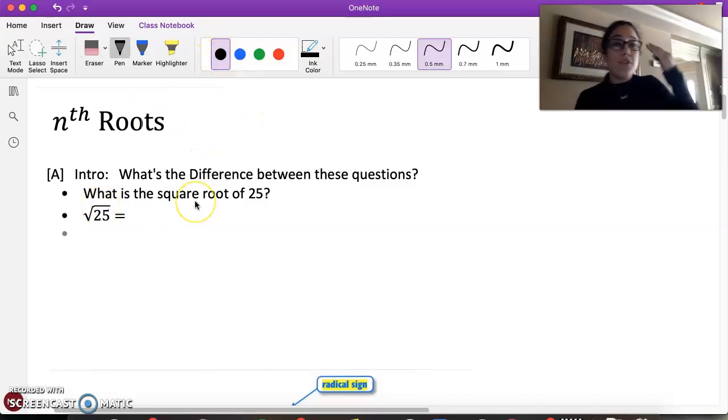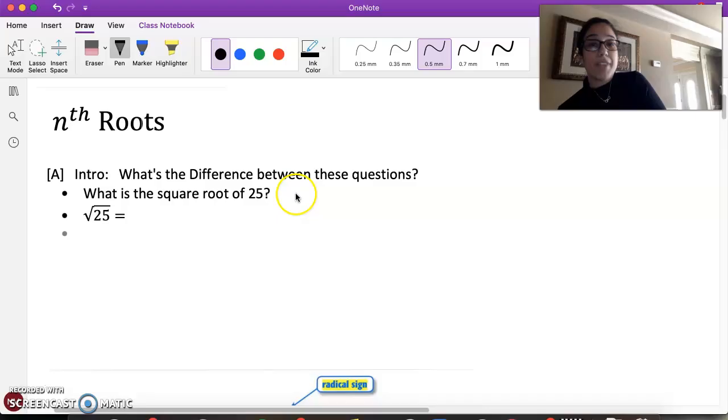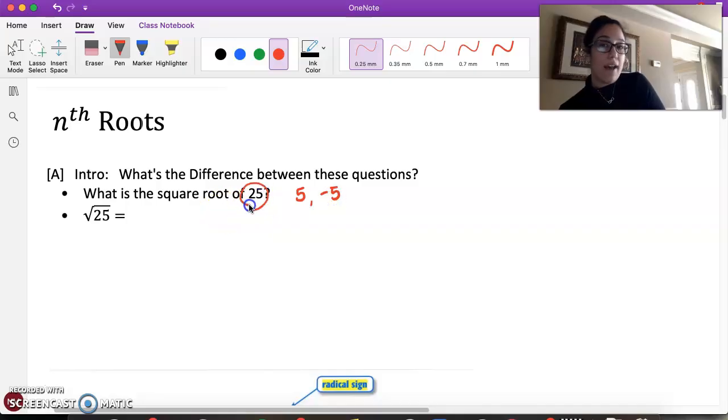If you were to say, what is the square root of 25, meaning what number when you square it gives you 25, the answer is technically 5 and -5, right? There are two numbers that when you square them give you 25.